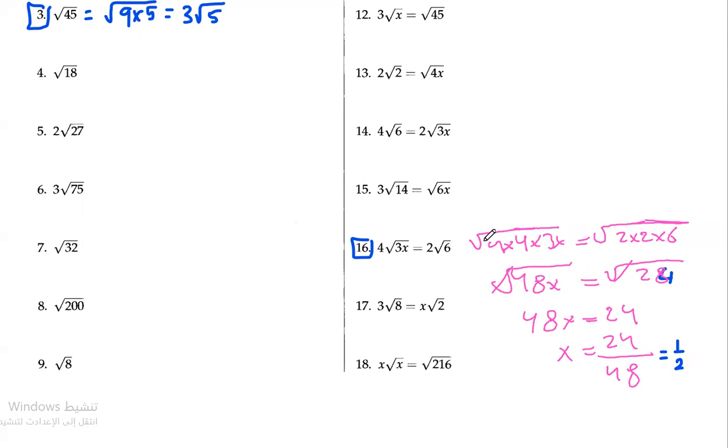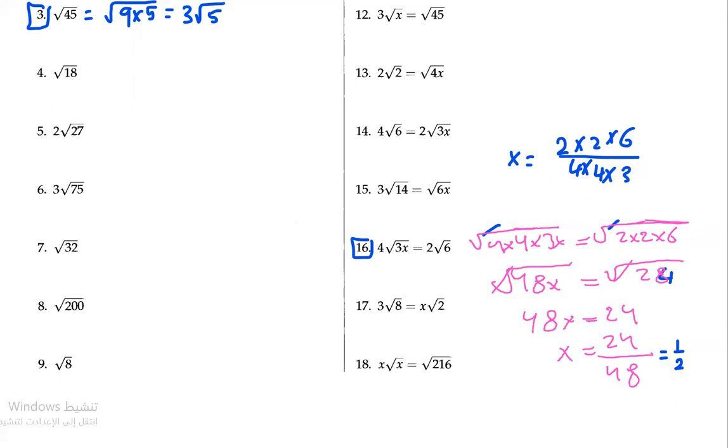Also, in the first step here, you can delete the square root, then you write it in another way. You divide it by 4 times 4 times 3 without multiplying. So to simplify, 2 times 2 times 6 divided by 4 times 4 times 3.